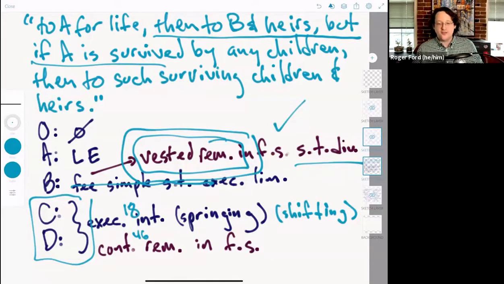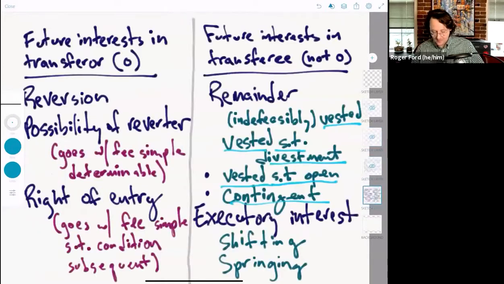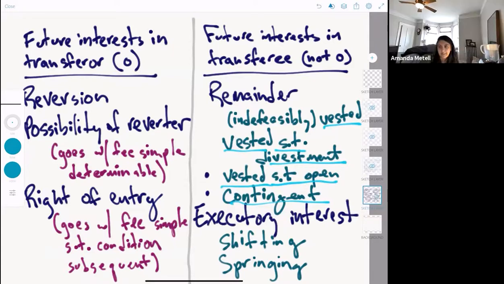So of the three defeasible fees, a possibility of reverter only goes with a fee simple determinable, and a right of entry only goes with a fee simple subject to condition subsequent. But an executory interest can go with a fee simple subject to executory limitation, or it can go in this kind of complicated multi-possibility type of thing. Okay, makes sense.